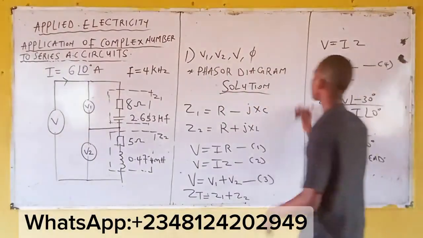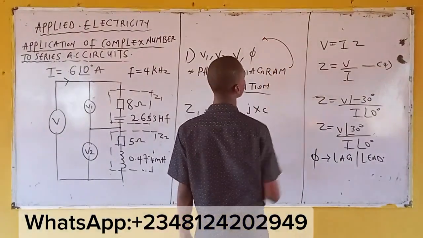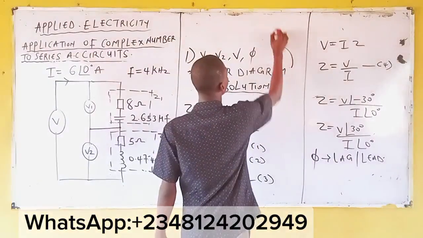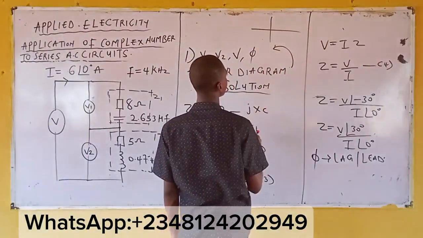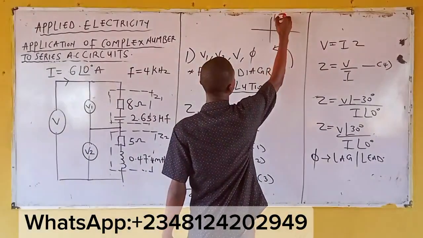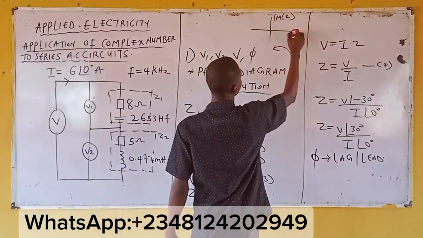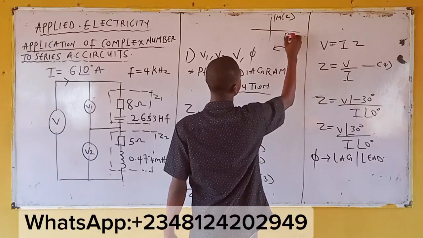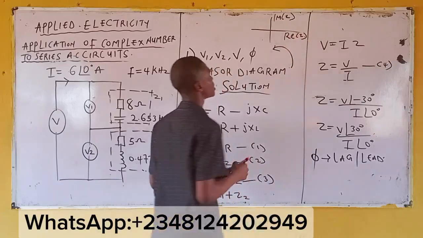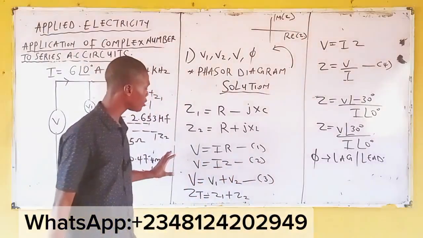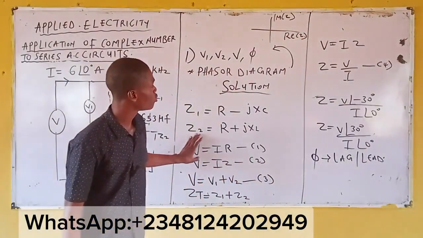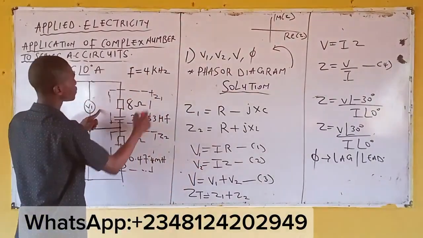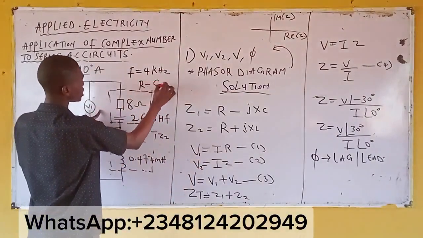The idea of Phasor diagram is that you are using what? Argand diagram. Recall from Argand diagram, you have your Cartesian coordinates, right? This is your imaginary part of Z, and this is your real part of Z. So what it means is that you'll be representing the value of V1, which is for the RC circuit, right?